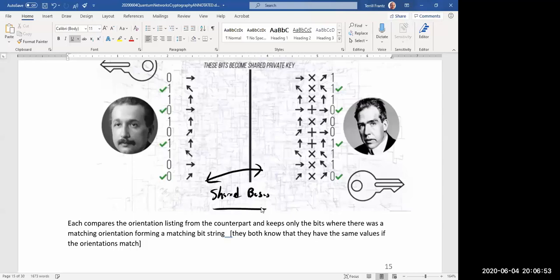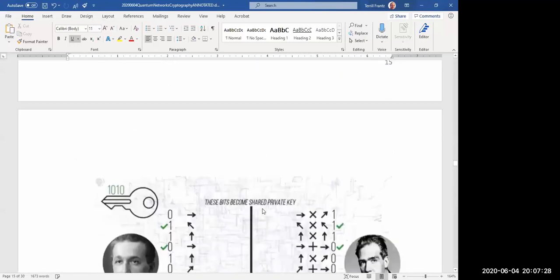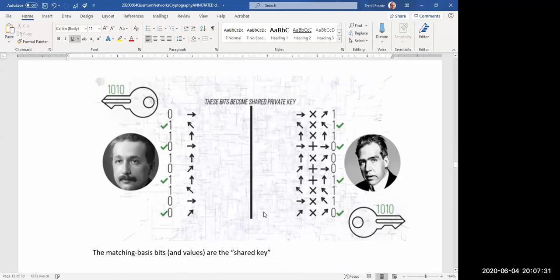And from knowing that they have the same bases, they can keep the measurements that they took and know that the counterpart has the same values. They haven't sent the values between themselves. They've only sent the bases between themselves. So that essentially becomes a shared key.